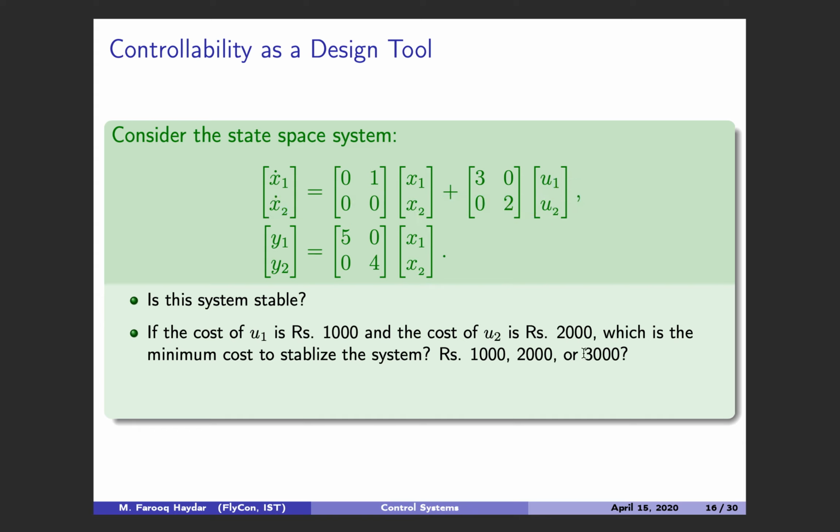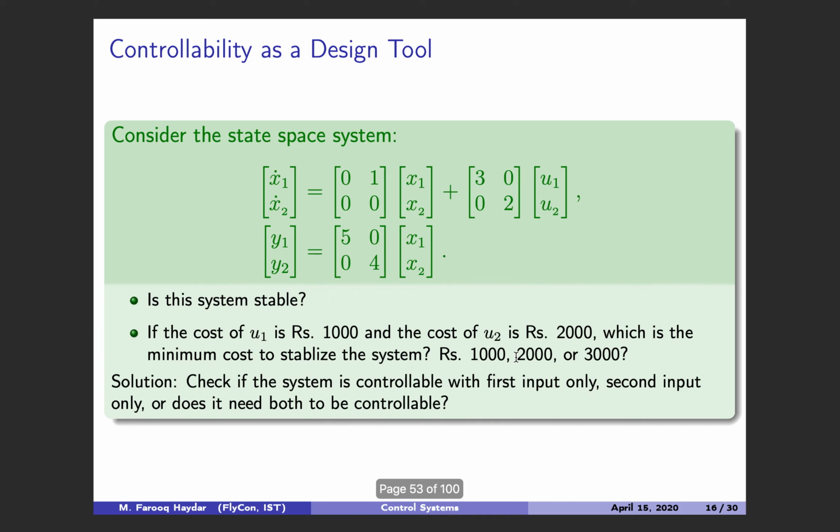But if we need both inputs, then of course the cost is going to be 3000, which is 2000 plus 1000. So how do we check? We check first with just u1. If there is u1 and no u2, we will only have the first row in B, because u2 will be 0, so the second row of B will not matter. So we can delete the second row first, and that will give us the controllability solution for the first row only.